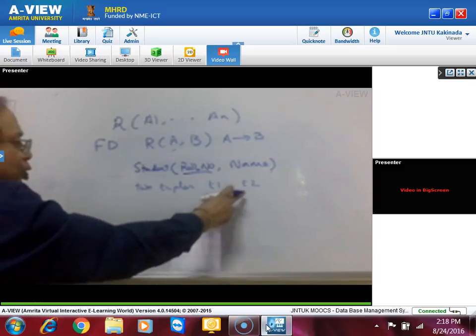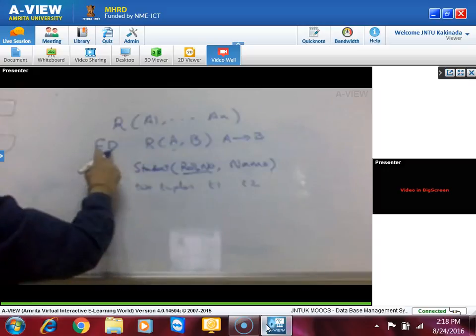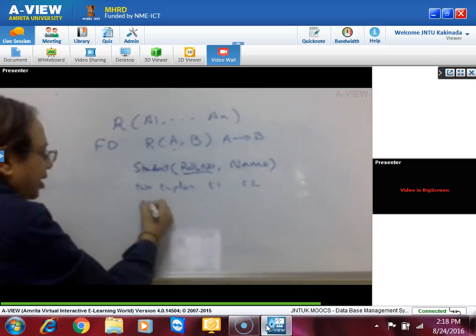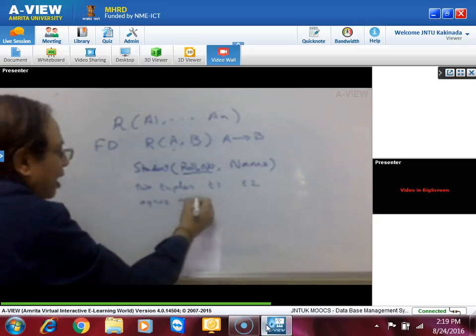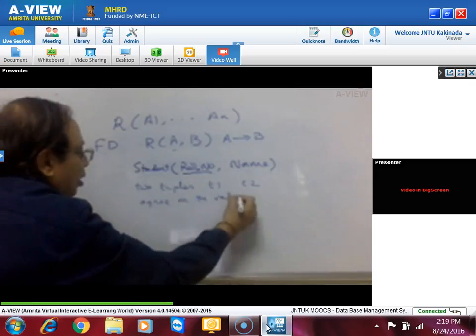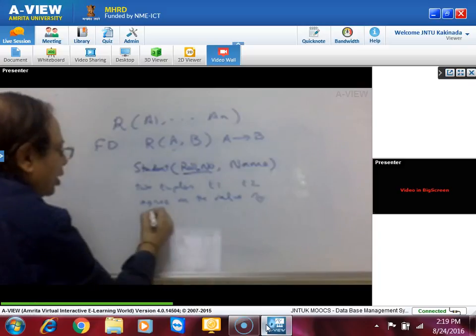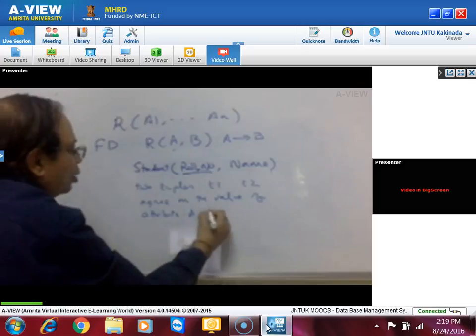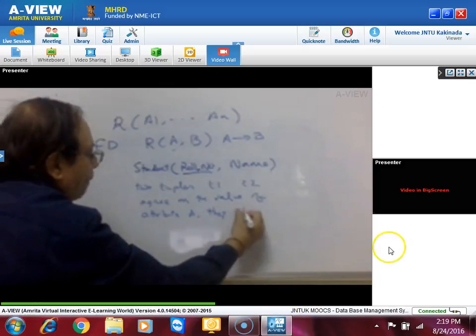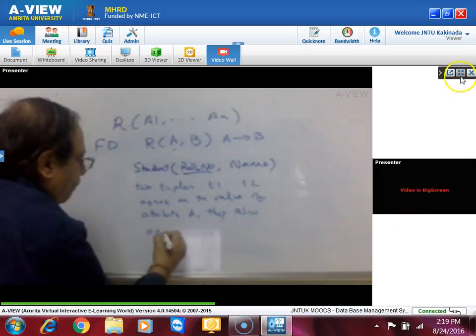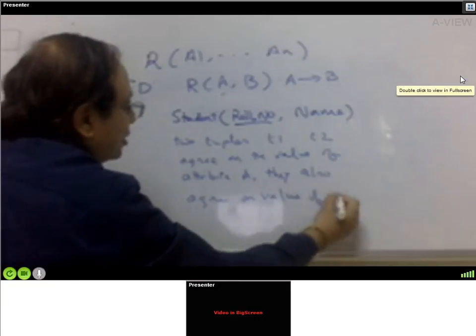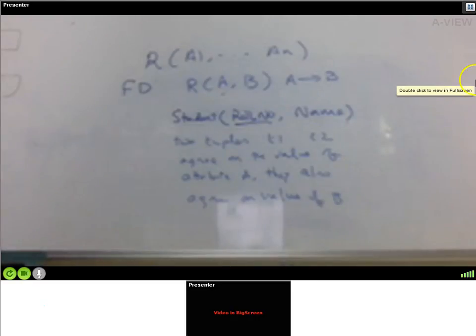Now, if two tuples agree on the value of A, they also agree on the value of B. That is what a functional dependency says.